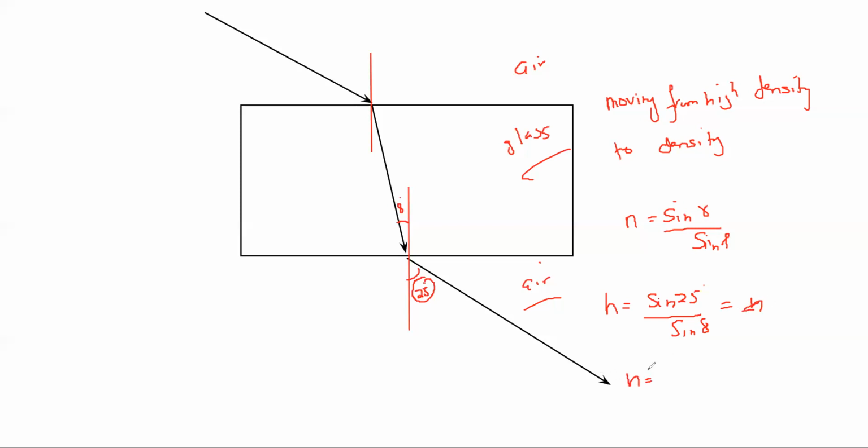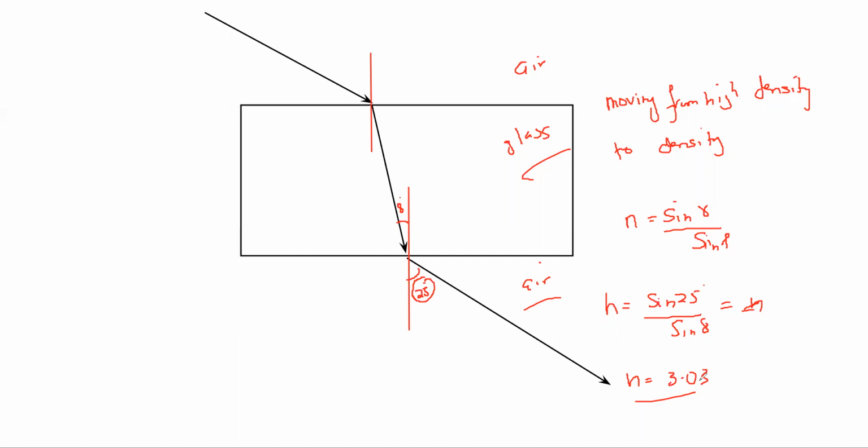It's 3.03, or 3. So the refractive index for this glass is 3, which means compared to air, this glass has a tendency to bend light 3 times.